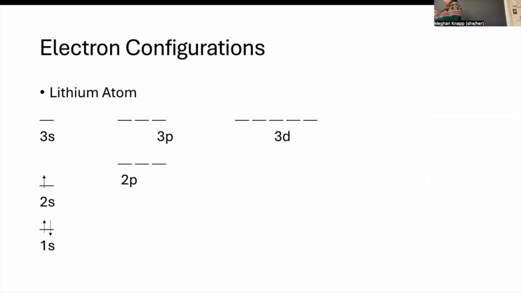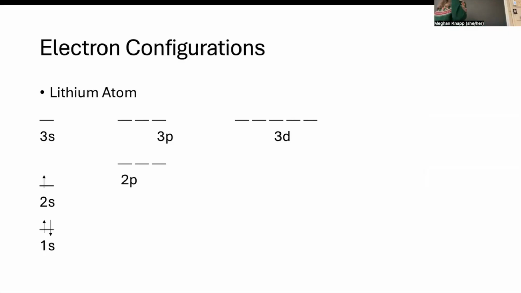What is L? So you can give me letter or number. What's the letter? It's right there. S. Okay. What number corresponds to S? 0. Okay. And then what is M sub L?